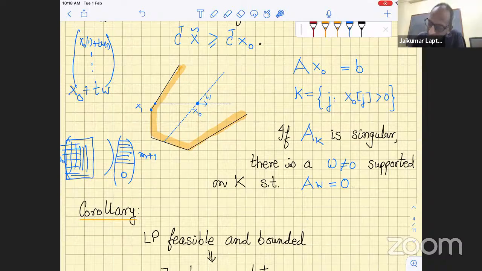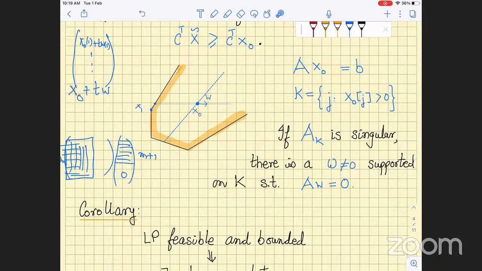At some point, some variable would have become negative. So we go in that direction. As we are traveling in this direction, we know that the objective function is only improving, and we reach a point where we have an extra 0 in our solution. Is it clear, or should I say the whole thing again?